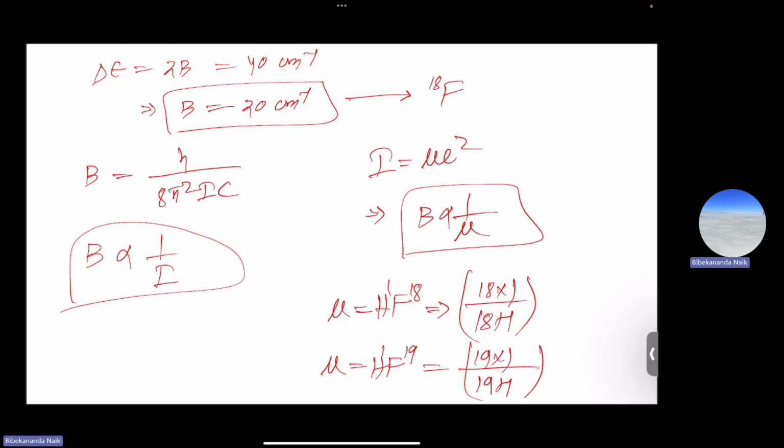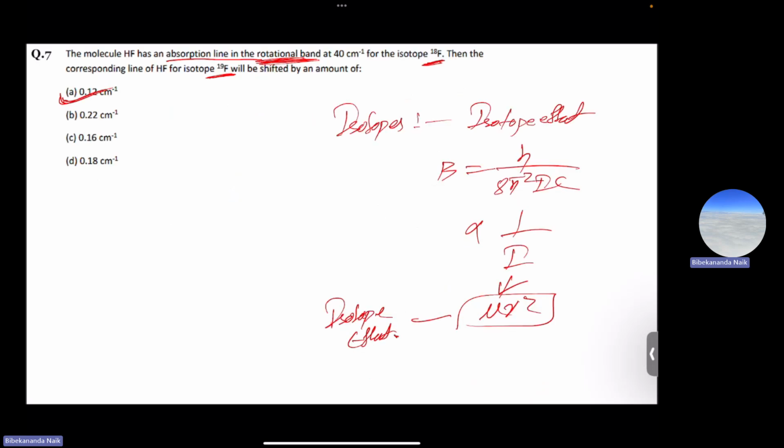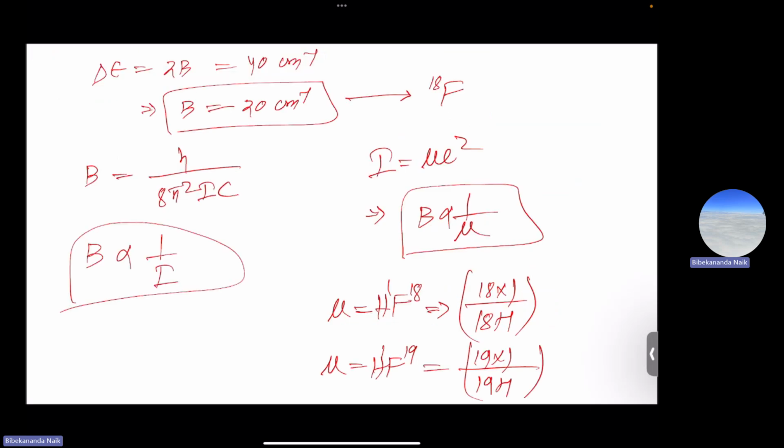I hope this is clear to everyone, because in this question it was the absorption line corresponding to the rotational band of HF, where F18 was present, at 40 centimeter inverse. Then we needed to find the shift for the same band for F19. Due to the difference in mass, there will be a change in the rotational constant, and that's why there will be a change in the position of the line. B1 was 20 centimeter inverse for H1 F18, and the expression for B is h by 8 pi square IC.